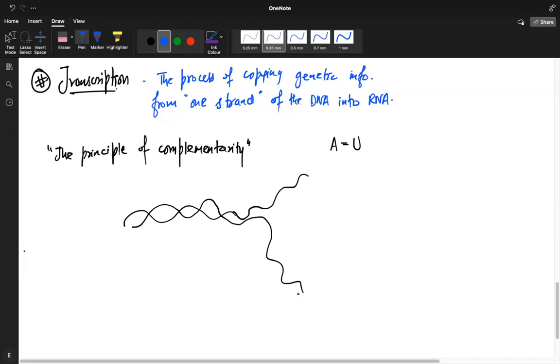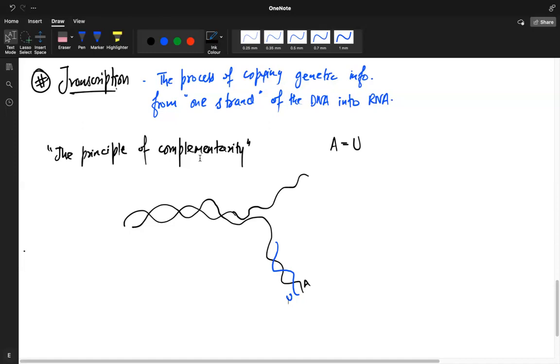So the RNA that will be formed is complementary to this strand. If on DNA there is adenine, the RNA will translate it as uracil, U. Instead of T, there will be U. So RNAs have uracil and not thymine.